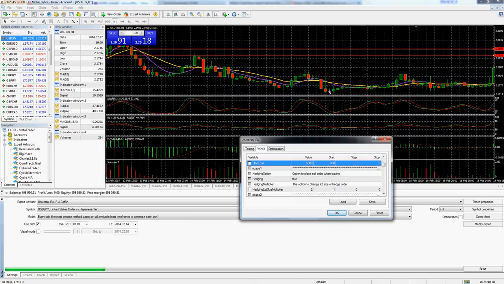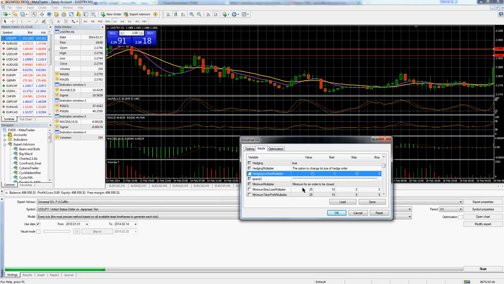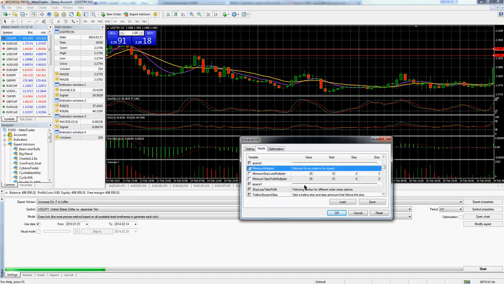It will get you profits and cancel your losses, right? And the multiplier is just a multiplier times the lot size of your buy order, right? So if you want it less, you can go 0.5. If you want it more, you can do as many times as you want over your take profit, right? Or your buy stop.